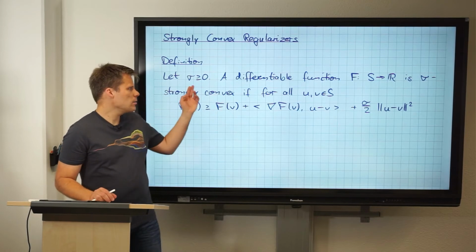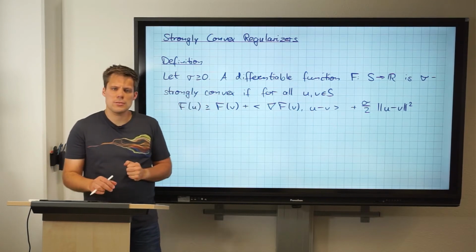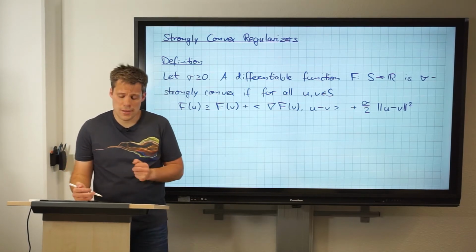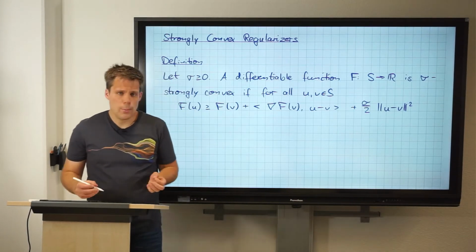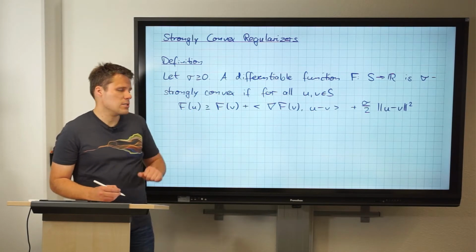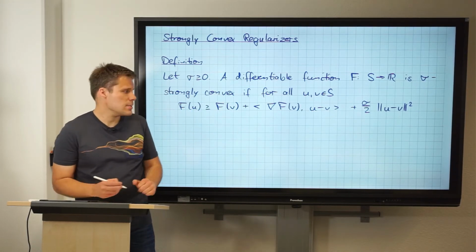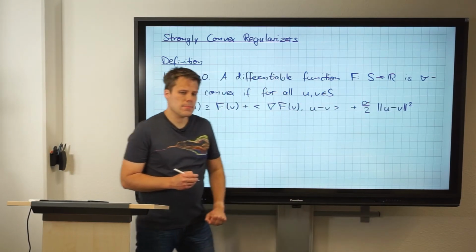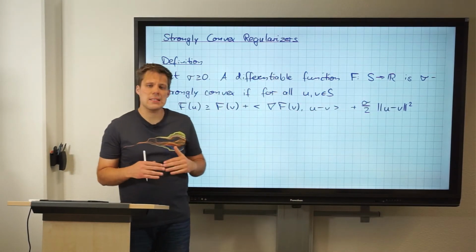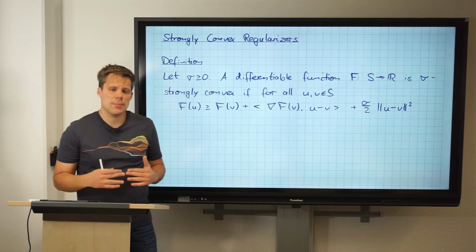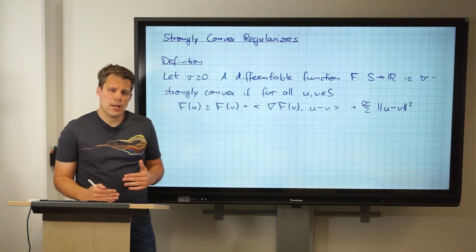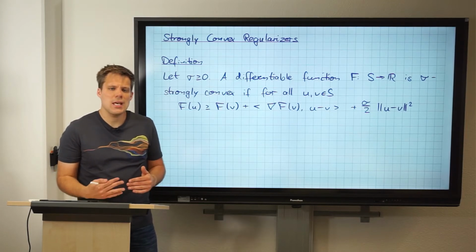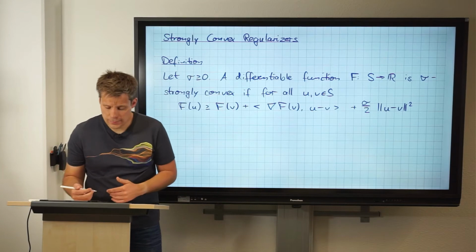But maybe it is also sigma strongly convex for a sigma which is strictly greater than 0. When would this be the case, if this condition here is fulfilled? Well, recall that without this last part, we were saying the function stays above its tangent hyperplanes. Now we say it does not only stay above the tangent hyperplane, it even moves away from it.